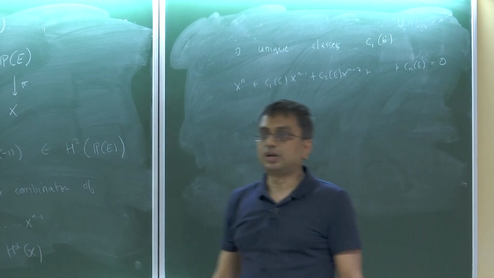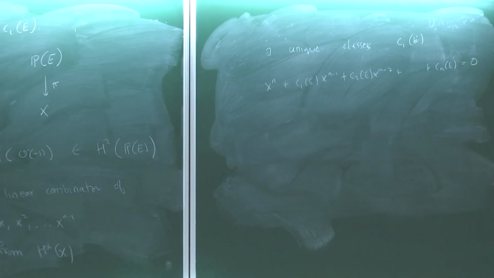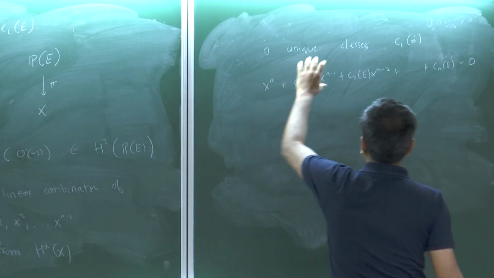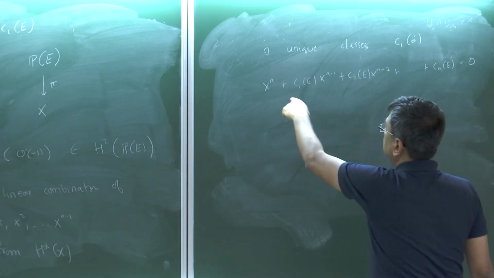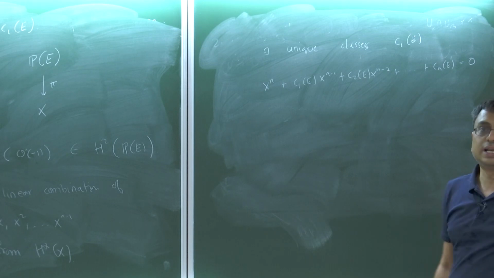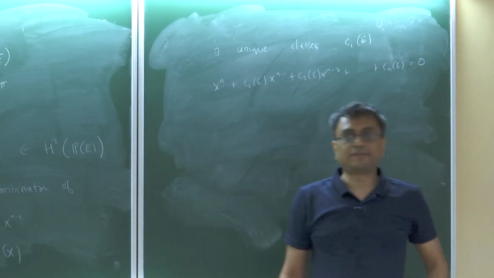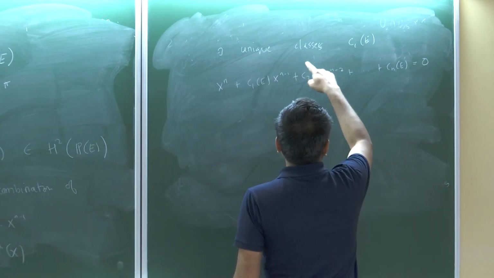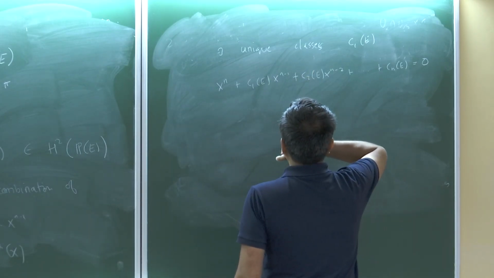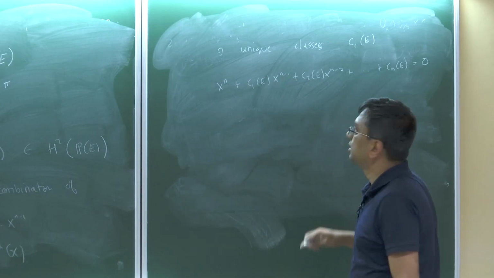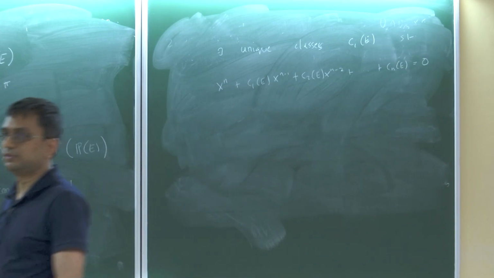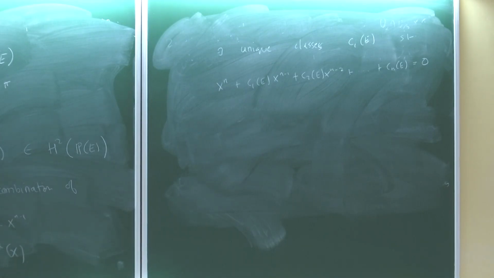In other words, x to the n is a linear combination of something; take everything to the left hand side, and these coefficients I am going to declare as the Chern classes of my vector bundle. So the Ci are defined by this equation. This is the definition of the Chern classes.